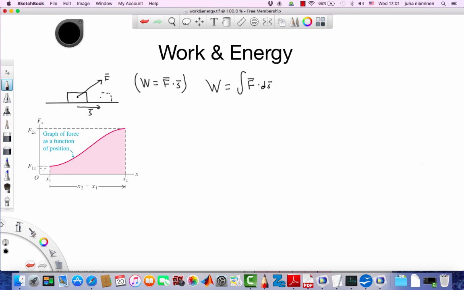So what we have here is force on the vertical axis as a function of displacement. And as we can see, the force varies in some manner. So how do we calculate the work in this case? The work is, as you maybe guessed, the total area under this curve. Then we can approximate the area by dividing it into small steps like this.